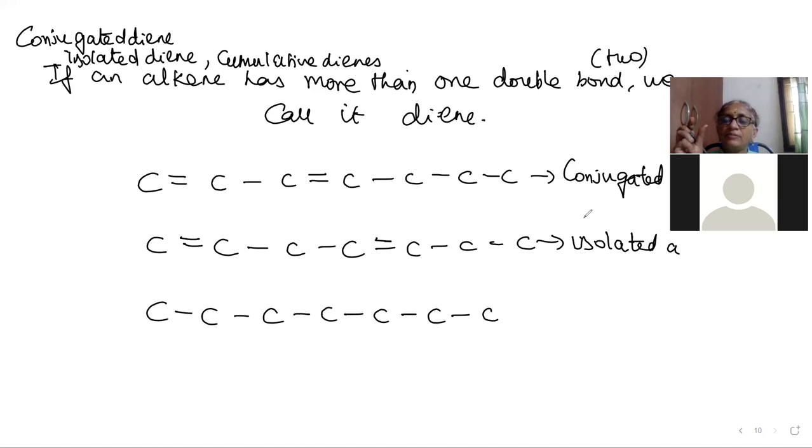Cumulative means the double bonds are collectively next to each other, it is called cumulative diene. Cumulative diene means next to each other. Okay. So this is an example for cumulative diene.